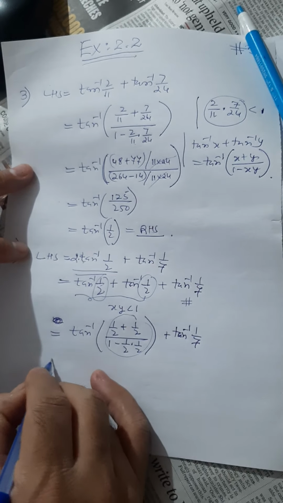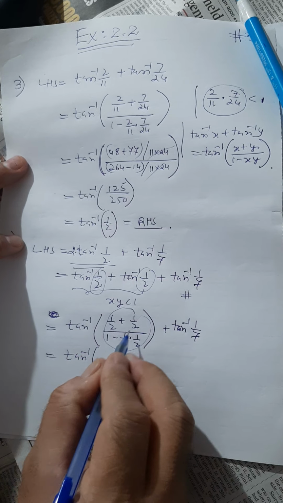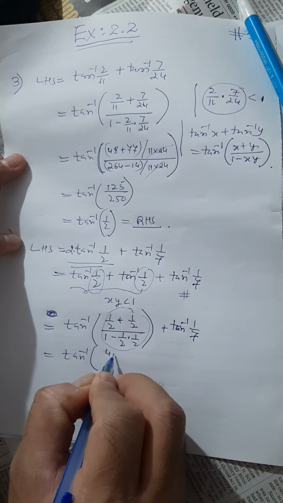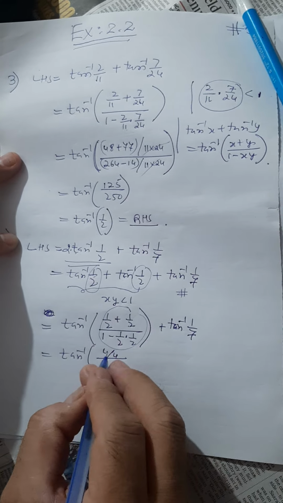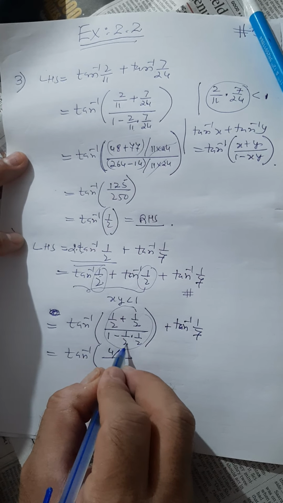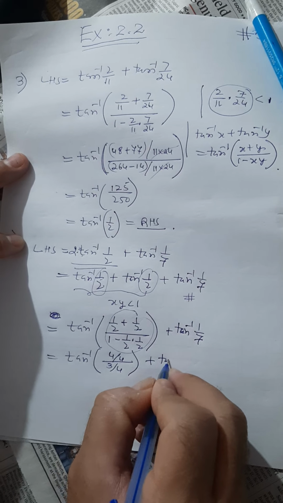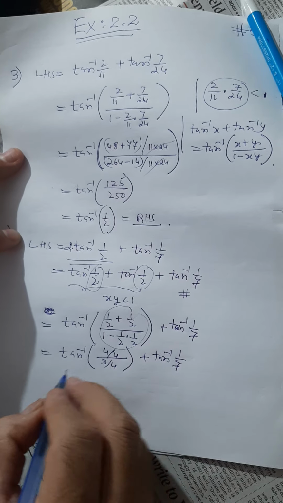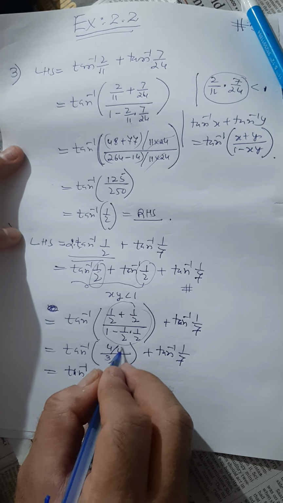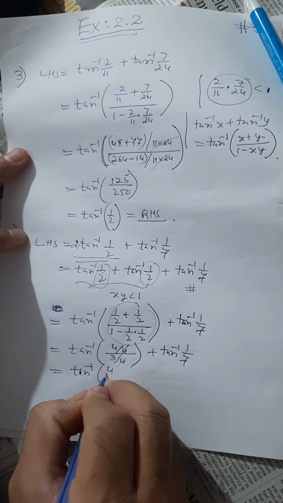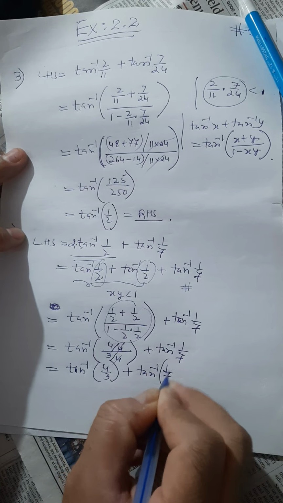Let's simplify this. So this is tan inverse, this is 4 by 4 if I take LCM here, this is 3 by 4, plus tan inverse 1 by 7. So this equals tan inverse, the 4 will get cancelled, so it is 4 by 3, plus tan inverse 1 by 7.